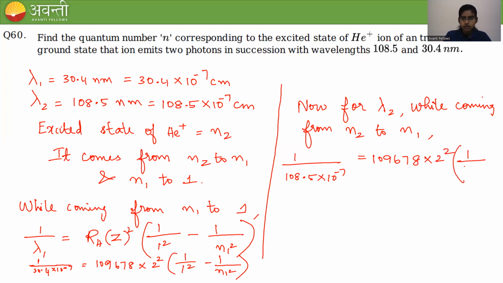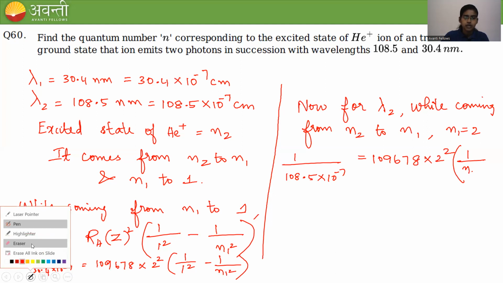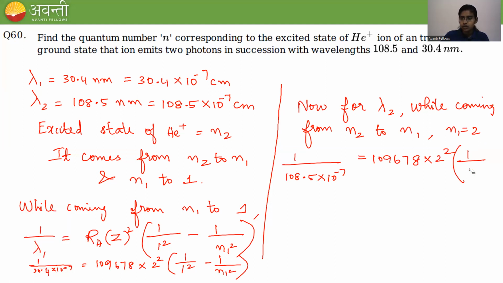Here the initial value is n1, that is 2 square, because when it is coming from n1 to 1, that is the second orbit, right? So the n1 value will be 2. In place of that n1 value, you can substitute 2.